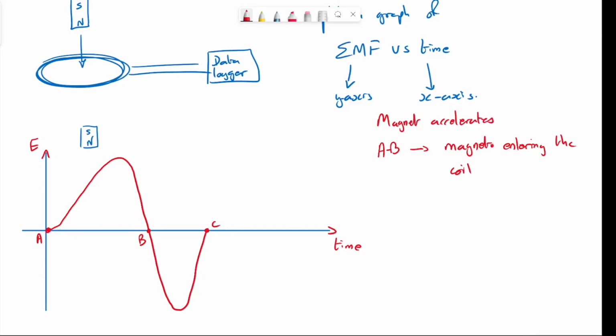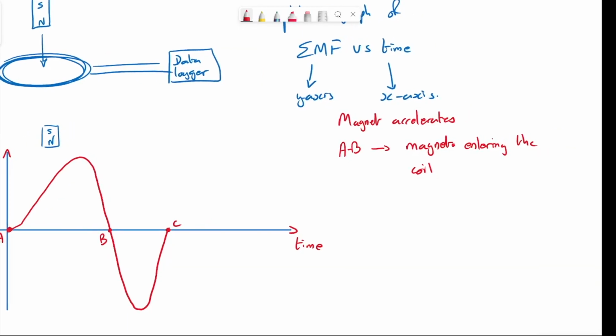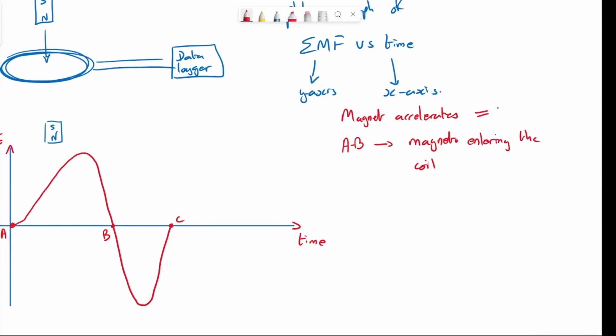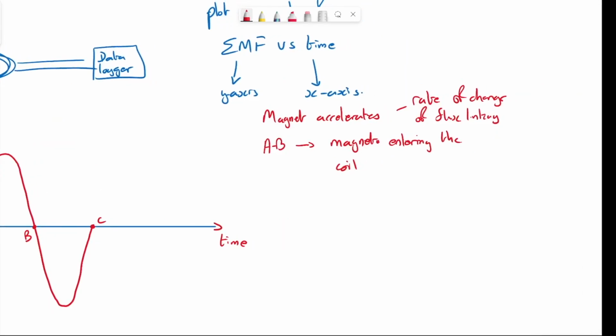So if the magnet accelerates, it means that the rate of change of flux linkage is not constant.